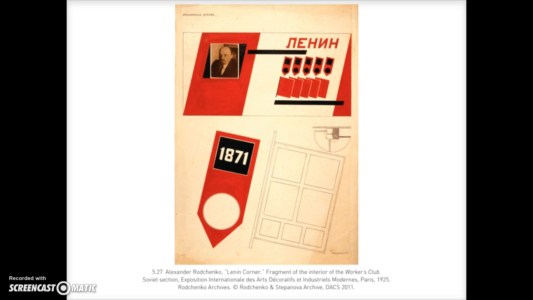So his spare and geometric designs for the Workers' Club kind of symbolized hygienic rationality and the economy. And the ideology was very revolutionary by giving leisure time to workers, but also reconceiving leisure as active and collective rather than as passive and solitary.